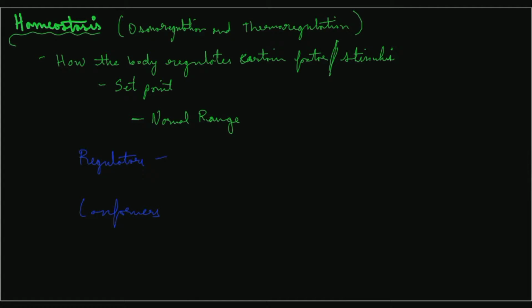With regard to heat, again, regulators like us would try to get rid of that heat and cool ourselves down when it gets too hot. So they're going to try to control that variable, the external factor. It tries to control the factor.